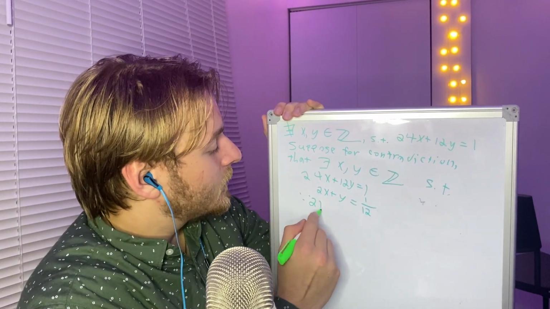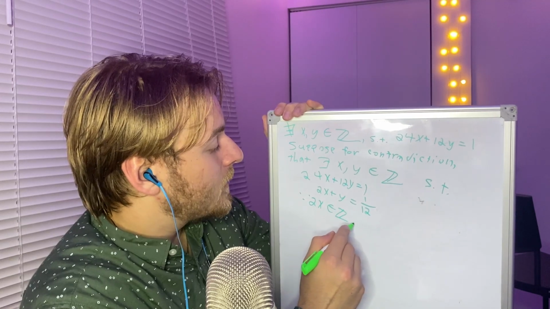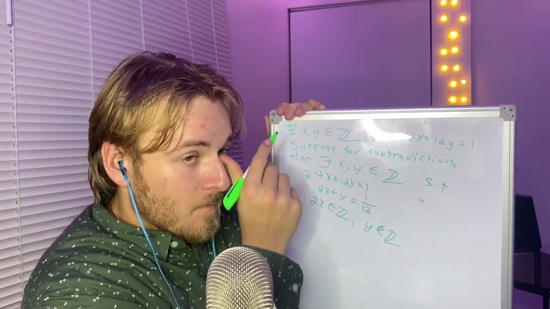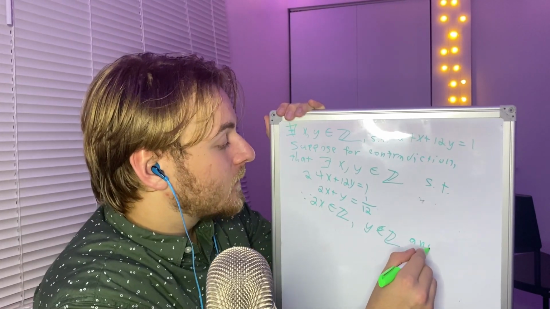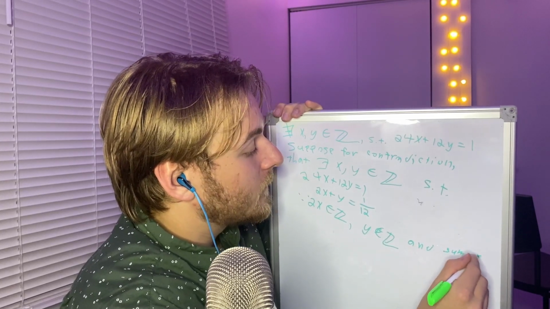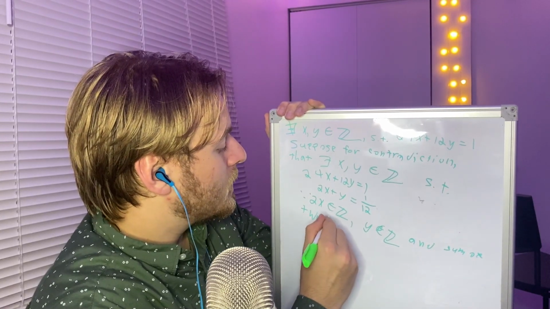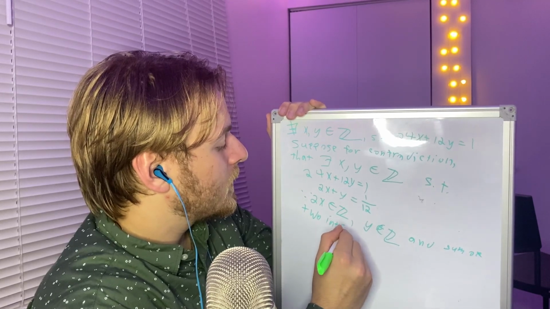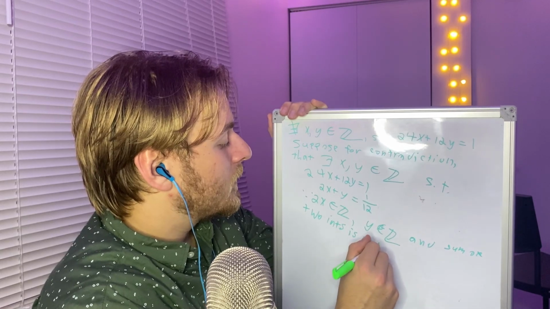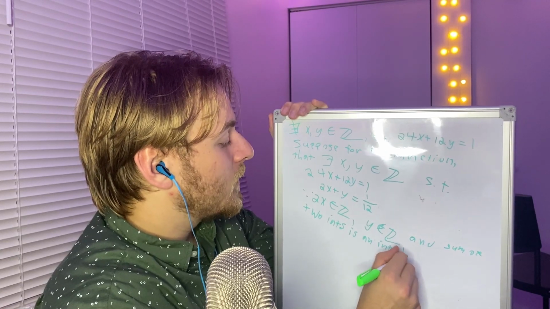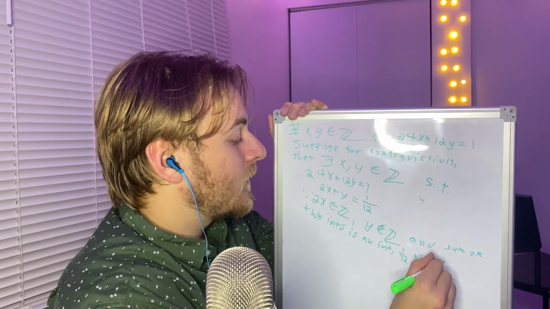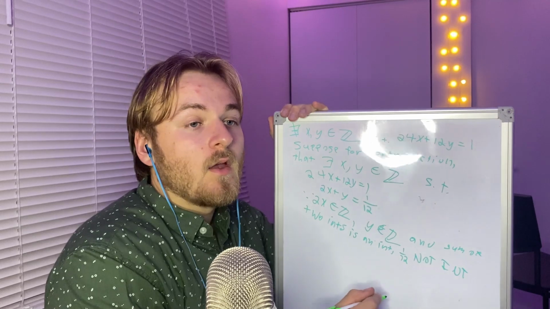Since 2x is an integer, y is an integer, and the sum of two integers is an integer, and 1/12 is not an integer, we've reached a contradiction.